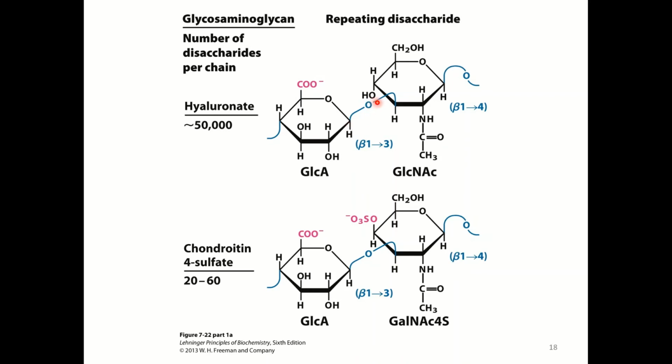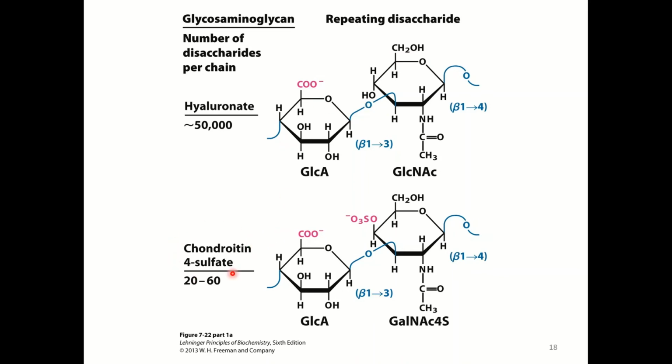And it has a beta 1 to 3 linkage with an N-acetylglucosamine. So this is a glucose that has the N-acetyl group, and this one happens to be at carbon 2. And then that is our disaccharide unit, and that repeats by a beta 1 to 4 attachment. So this two-sugar disaccharide will just repeat itself.